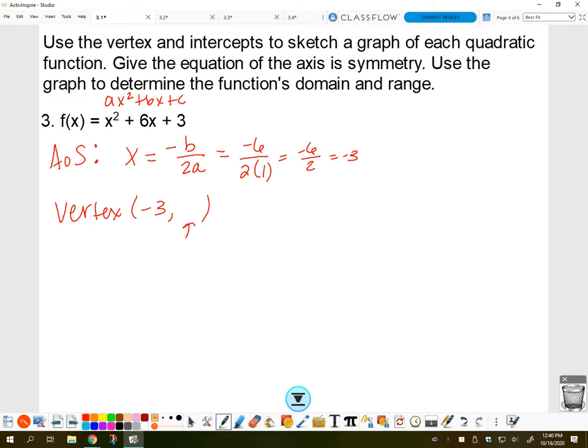Well, to figure out this something, we're going to plug in the -3 to the function. So what's that going to give me? 9 minus 18, so -9 plus 3, -6. All right, so then we can make a table. Your vertex goes in the middle, some numbers on either side.